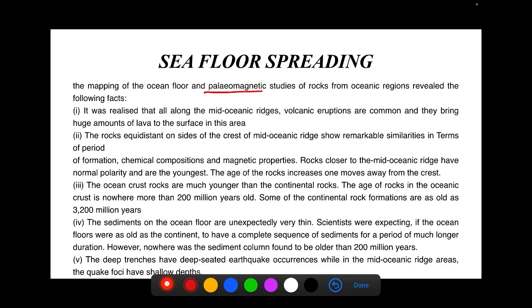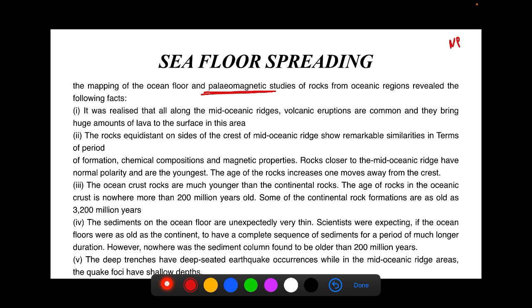Now what is this paleomagnetic study? Paleomagnetic study is nothing but discussing the magnetic property of the rocks. Rocks have a special characteristic that whenever they are formed, they trap inside them the magnetic property, right? So for example, this is the north magnetic pole. Earth has two types of poles, geographical north and south, and magnetic north and south.